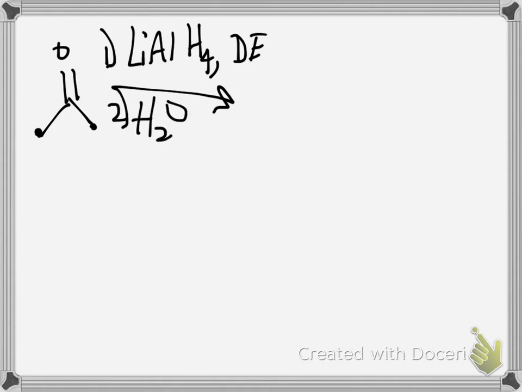You just add water, and by adding water after you've done the hydride step, you would end up with 2-propanol, also known as isopropyl alcohol. Now, one thing to keep in mind is if there are two aldehydes, both aldehydes will react to make a diol. It's not like you could specifically target just one aldehyde over another.